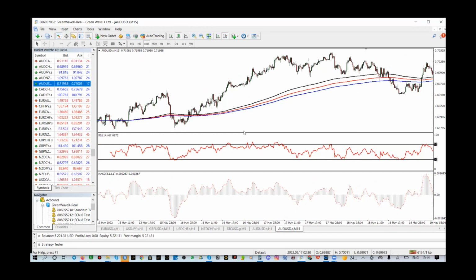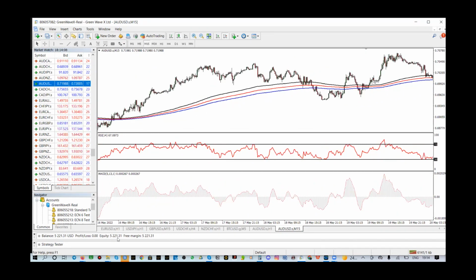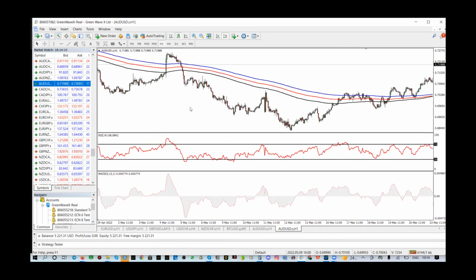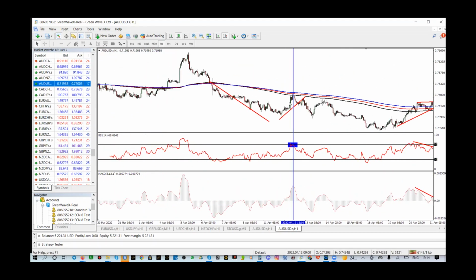I don't know why my internet is not loading up the chart. What I'm just trying to say is, even if you can't find divergence on this time frame, you can check the lower time frame, 15 minutes, to confirm the divergence. I'm sure you're most likely going to see divergence here, on let's say the 15-minute time frame.